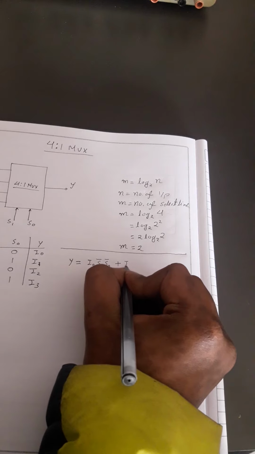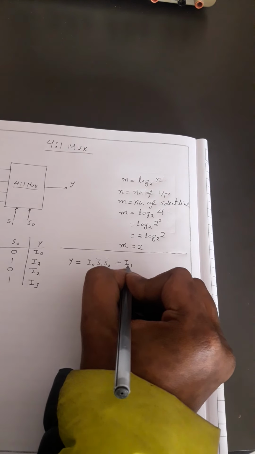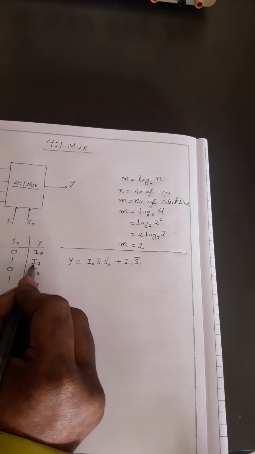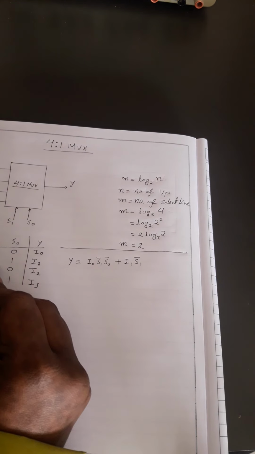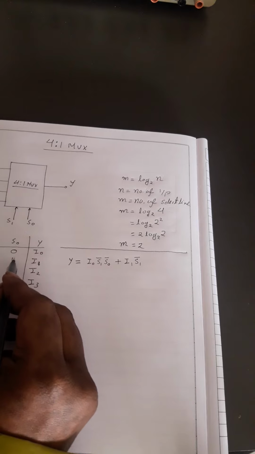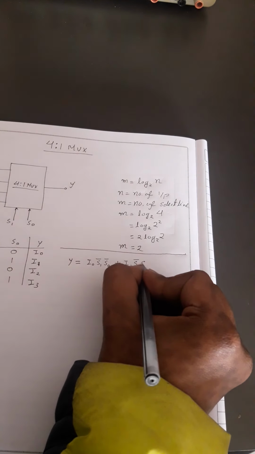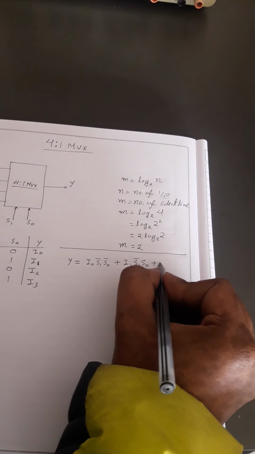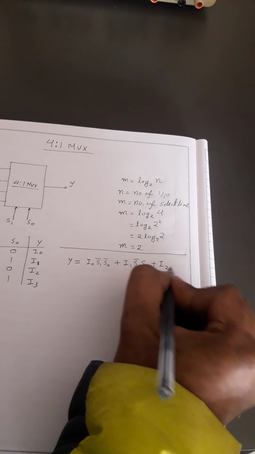Plus I1. When will we get I1? Here you can see I1 is selected when S1 is 0 and S0 is 1, so S1 bar S0.